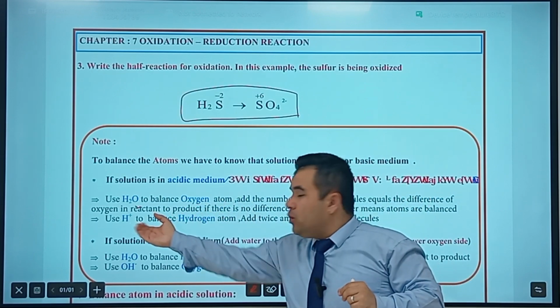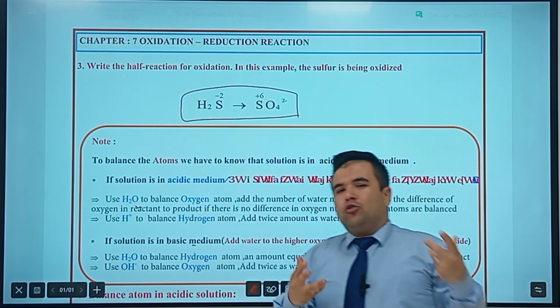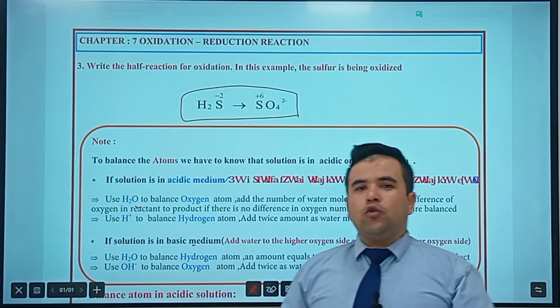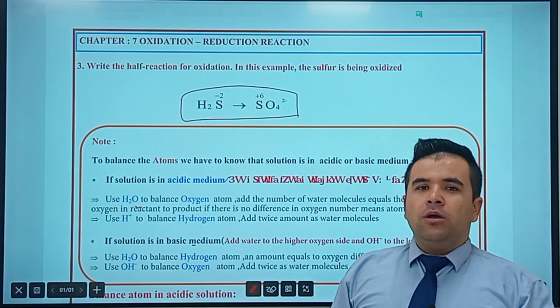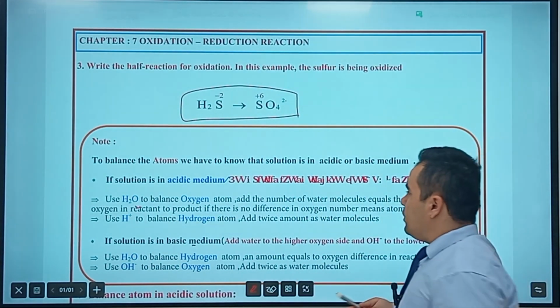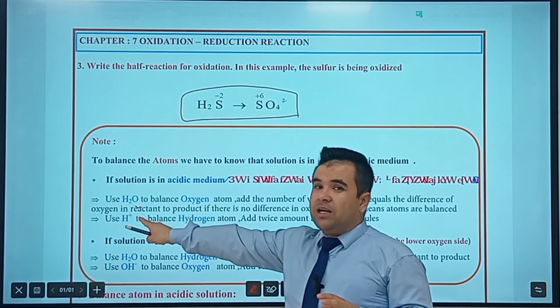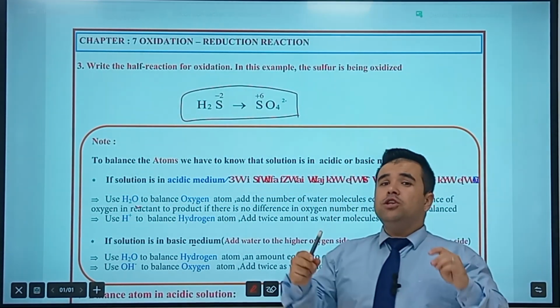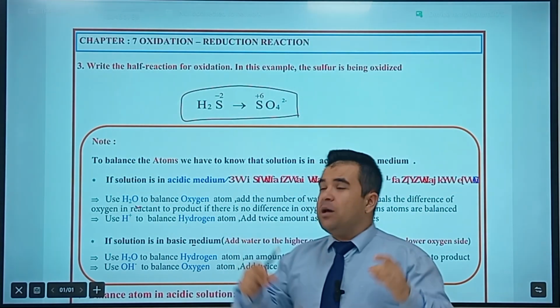Then how many protons? Twice the number of H2O. If we add 2 H2O, we add 4 H. If 4 H2O, 8 H must be added, and so on. In the acidic medium, H must be added to the side with the higher oxygen number.